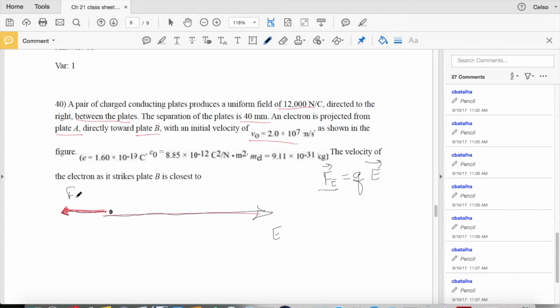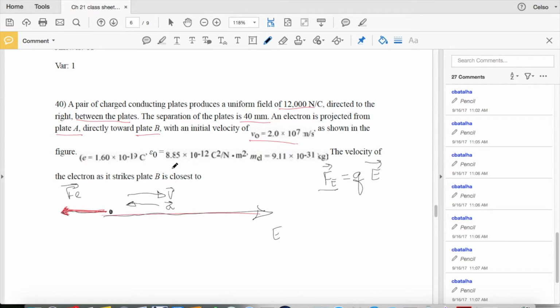That is the electric force. And then you have the motion of the electron to the right, velocity positive to the right. But the acceleration, if you draw the vector, is to the left, because the electric force is to the left.